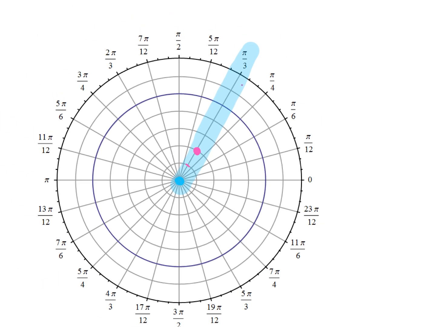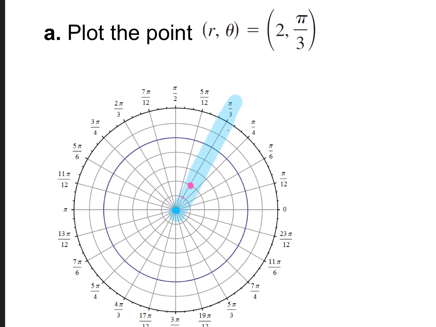The cool thing about polar coordinates is that this point here, we'll call it point P, can have different coordinates but still be the same point. So with polar coordinates, just like our unit circle, you could go all the way around and go back to that.